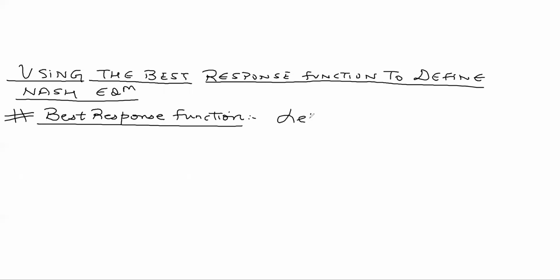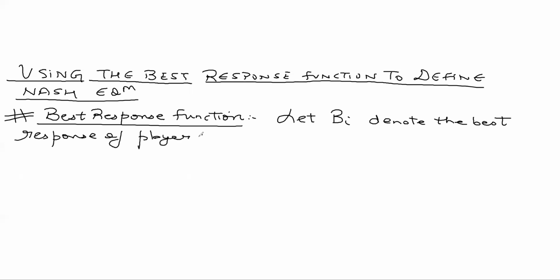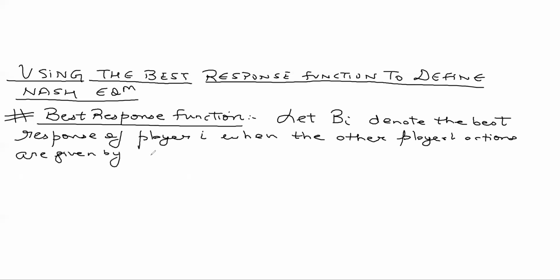So, let B_i denote the best response of player i when the other players' actions are given by a_{-i}. So B_i denotes the best response of player i when all the other players are playing the action a_{-i}.